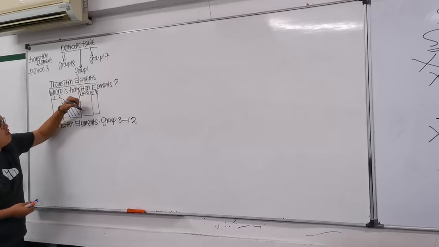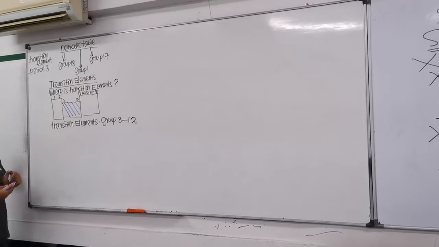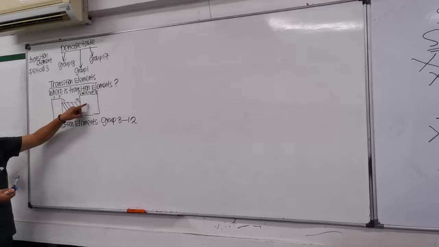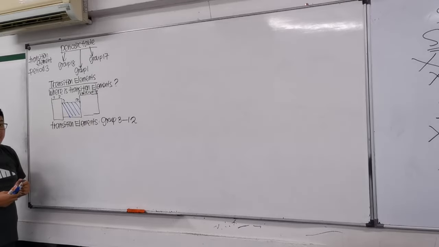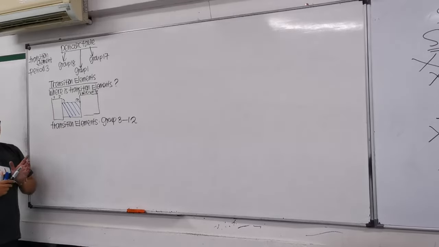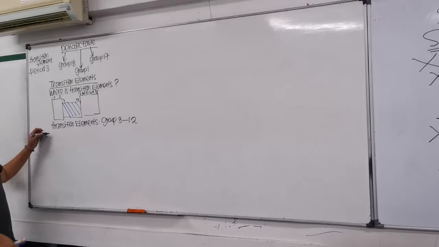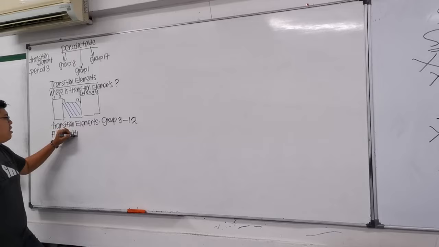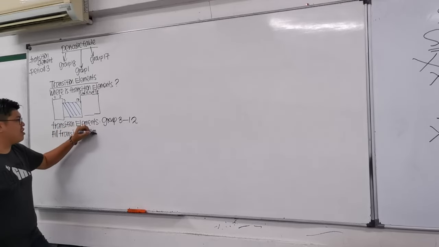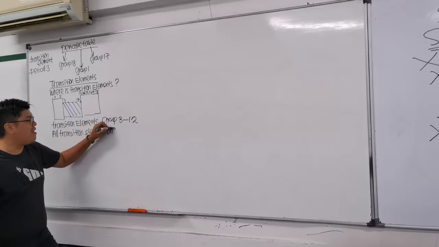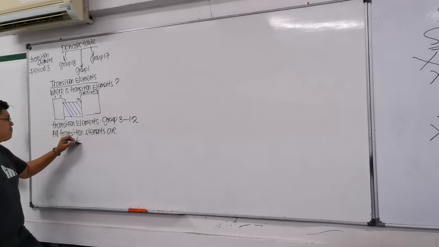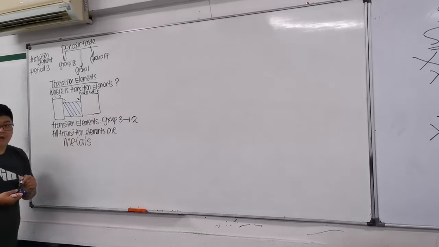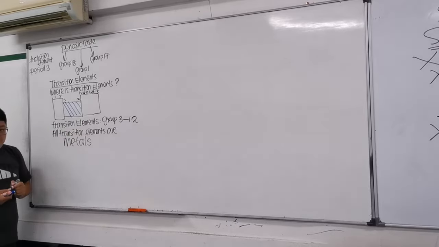Are you hearing that? Everything between group 3 to 12 is transition elements. The good thing they can ask you is this. Number 1, all the transition elements are metals.